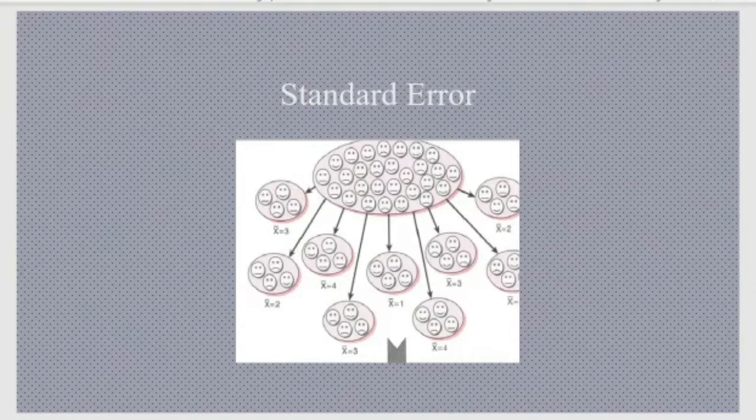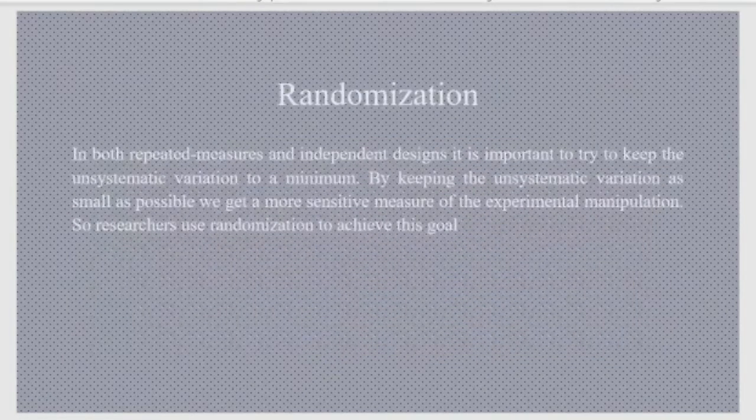So how do we draw a sample randomly? If we use randomization, we select the sample randomly, then it can control the unsystematic variation. This is one method. So suppose I want to know the effect of teaching method on children, maybe children of grade 5.